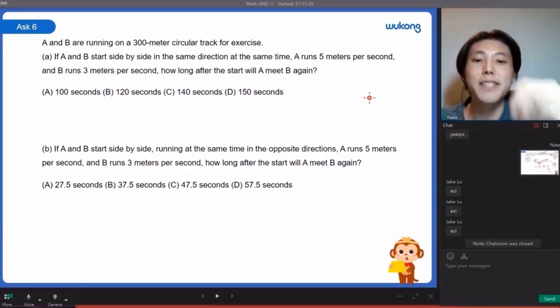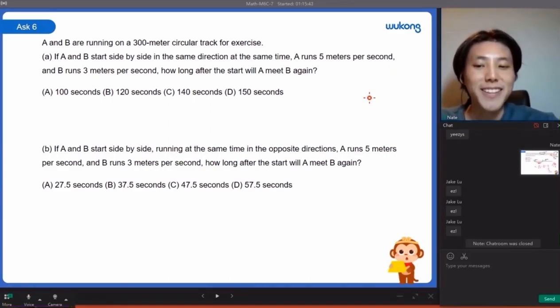So this is a circular track. What do we have to do here? Well, if you guys think about it, because the two people start running at the same time, side by side, in the same direction, it can only be when the faster one runs a full circle ahead of the slower one that they will see each other again, right?